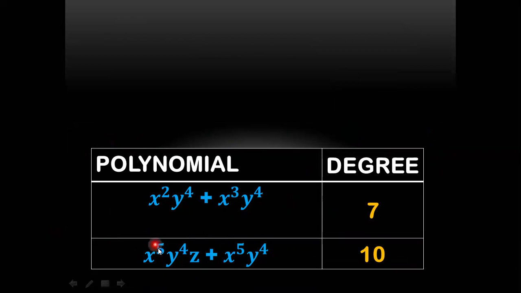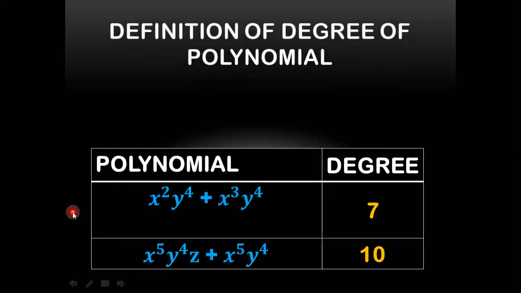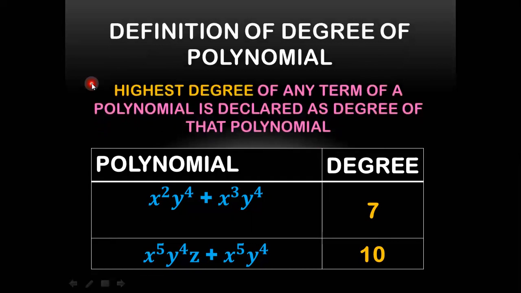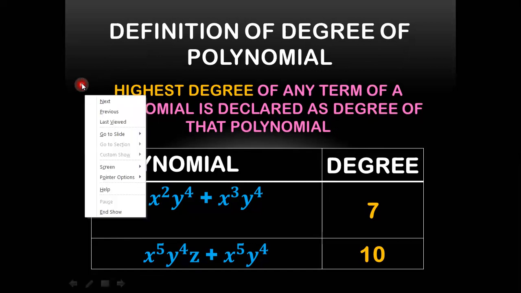So the degree is 10 in this case. So the overall degree will be declared as 10. So it means that we can define the degree of the polynomial as the highest degree of any term of a polynomial will be declared as the degree of that polynomial.